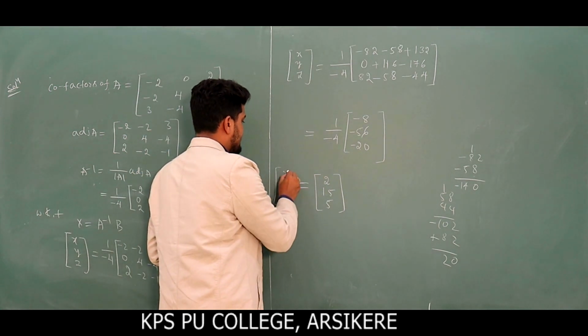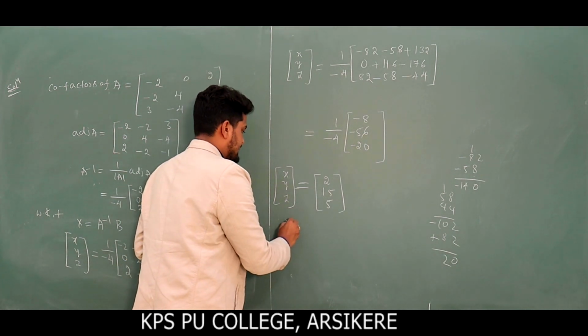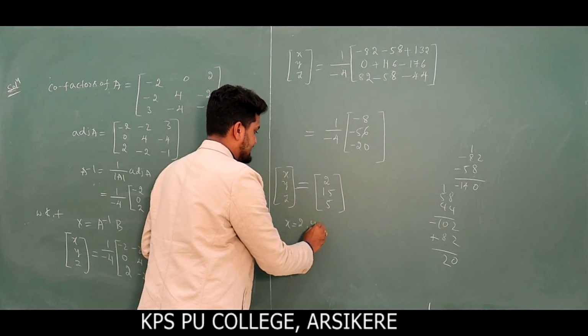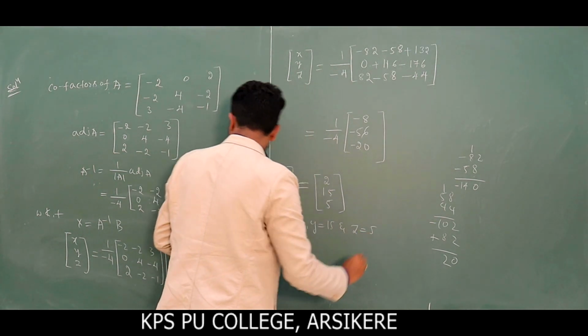This is the value of X, Y, Z. Therefore, X is equal to 2, Y is equal to 15 and Z is equal to 5.